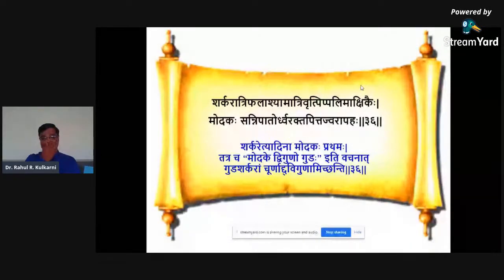So here in Sannipata, Urdhva Rakta Pitta and Pittaja Jwara, this kalpa is very useful. That is the modaka, which is prepared with Sharkara, Trifala, Shama, Trivrut, Pippali and Makshika, that is Madhu. This modaka in proper matra administered will be helpful in these conditions.